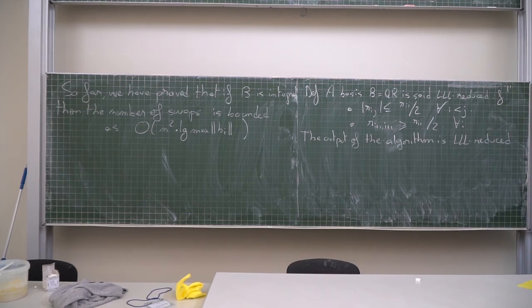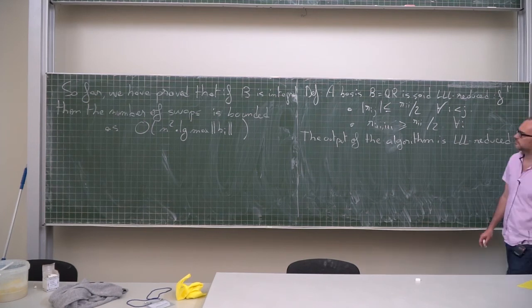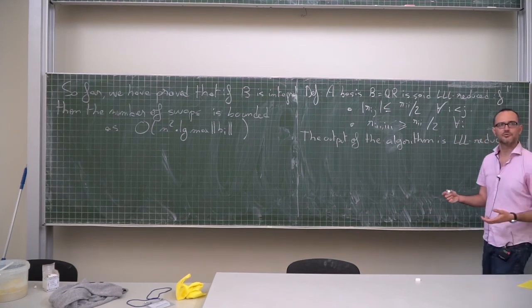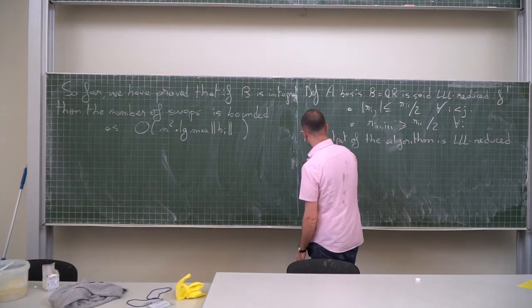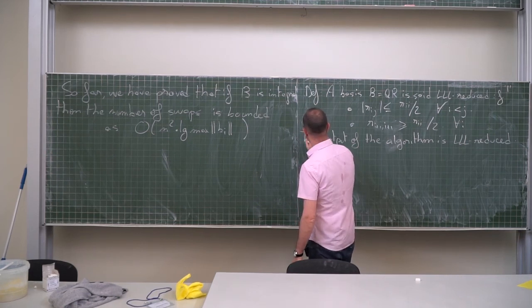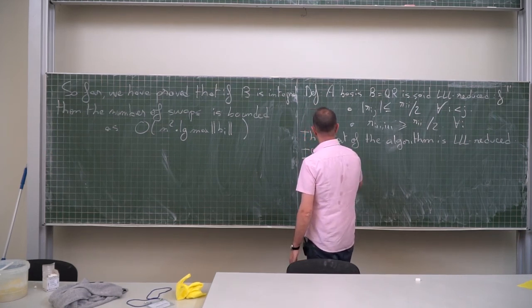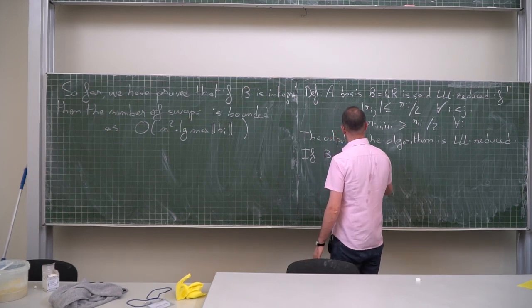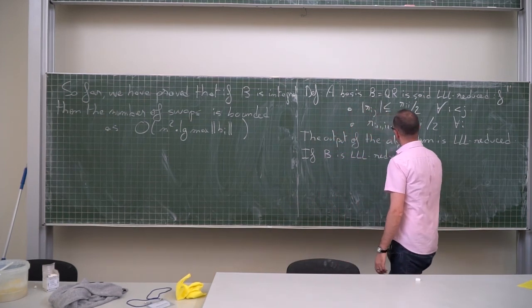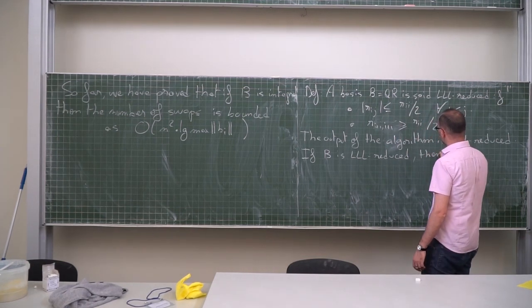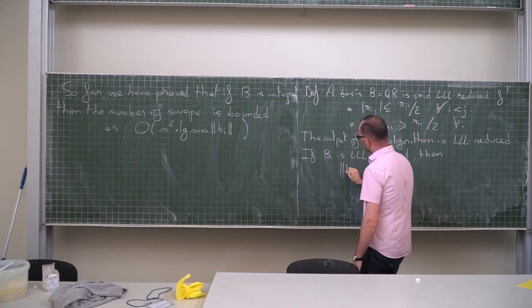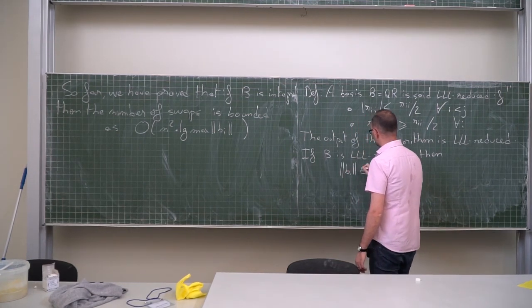Because every time we can find an i such that it decreases fast, we do a swap. Okay, so why is it interesting? It's achieved by the algorithm. Why is it an interesting definition? If B is LLL reduced, then the norm of B1 is equal to R11.